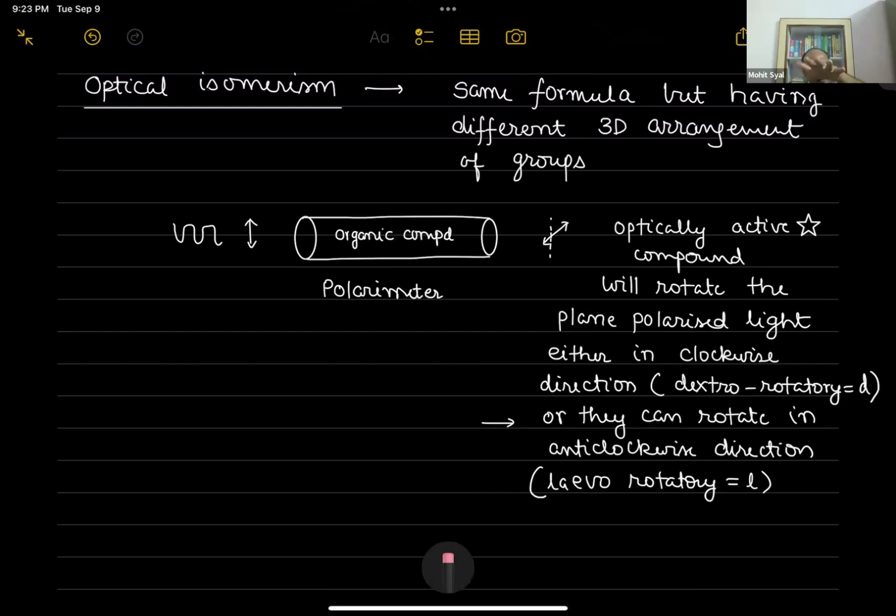Got it? If it gets tilted, it is an optically active compound. So an optically active compound is a compound which rotates the plane of polarized light. I am quite sure you are all aware of this. And there are two types, dextrorotatory and levorotatory. Is it clear?